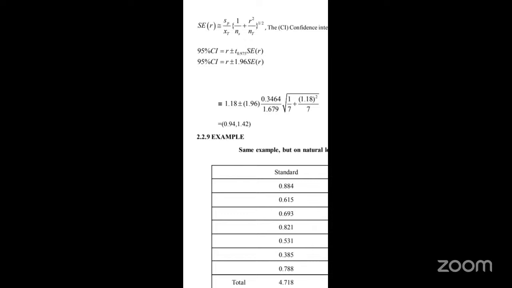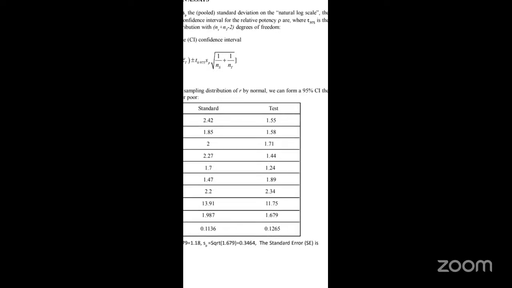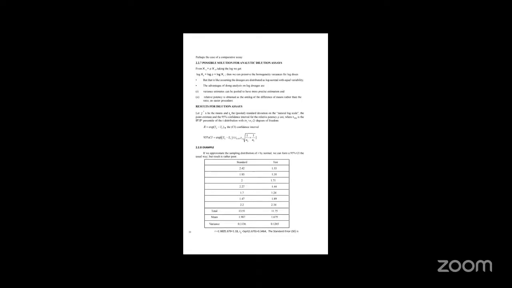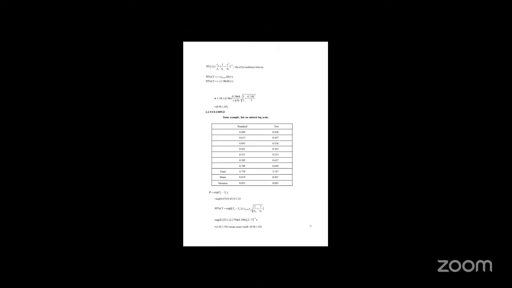Next, 1.1 r is 1.18 plus or minus 1.96, the 975 confidence limit, and expectation of r. Here we calculated the mean by that formula, and given the expectation of r, we can substitute in that formula and we will get the value here.